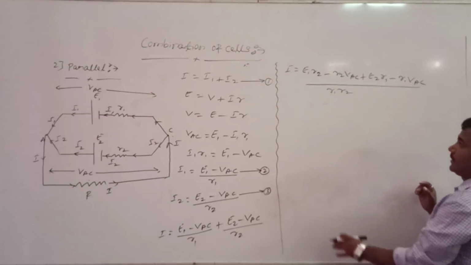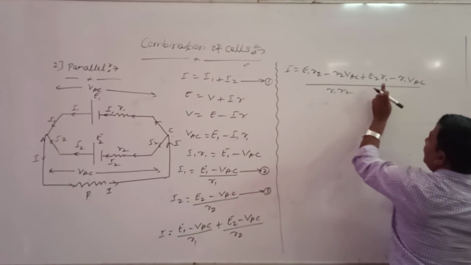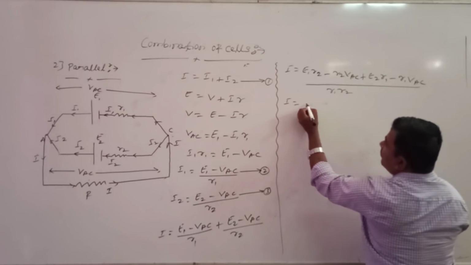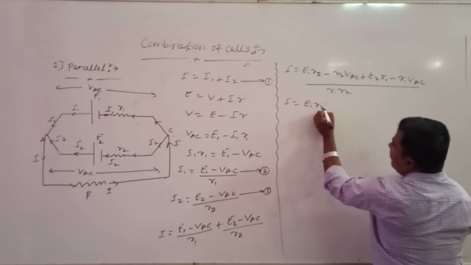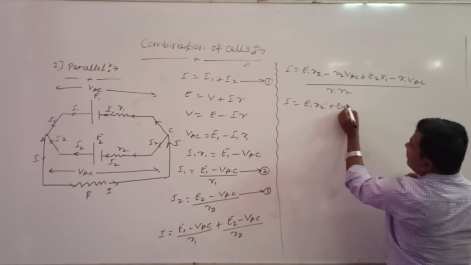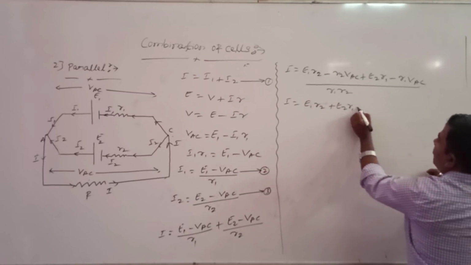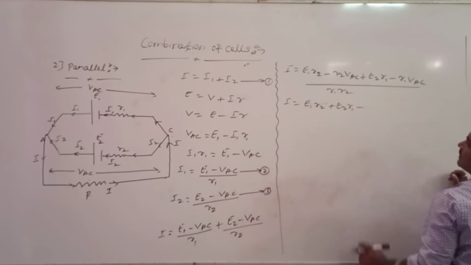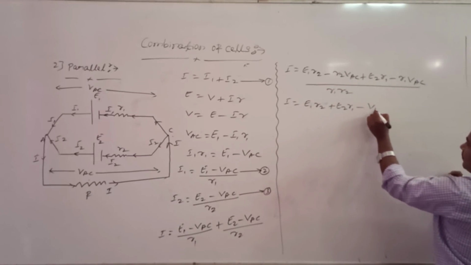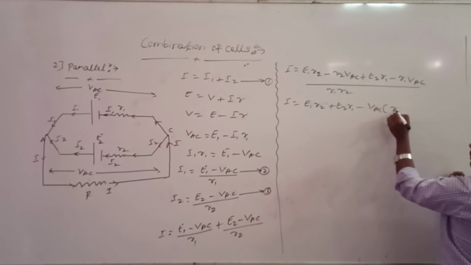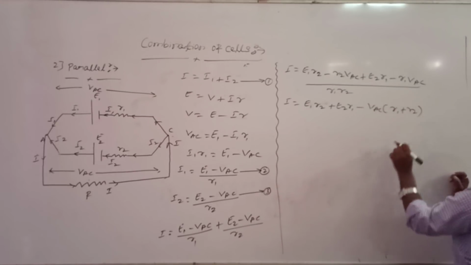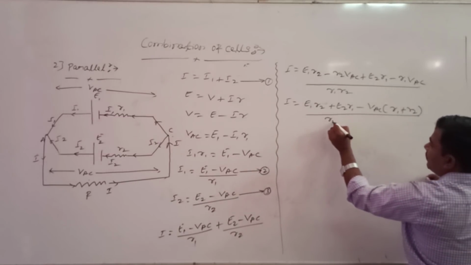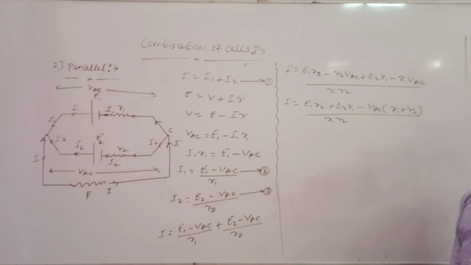Again we can simplify. Make E1 R2 and E2 R1 separate. See here. I is equal to E1 R2 plus E2 R1 minus, here what is common? VAC is common, in R2 VAC plus R1 VAC. Into bracket, that is R1 plus R2, whole divided by R1 R2.